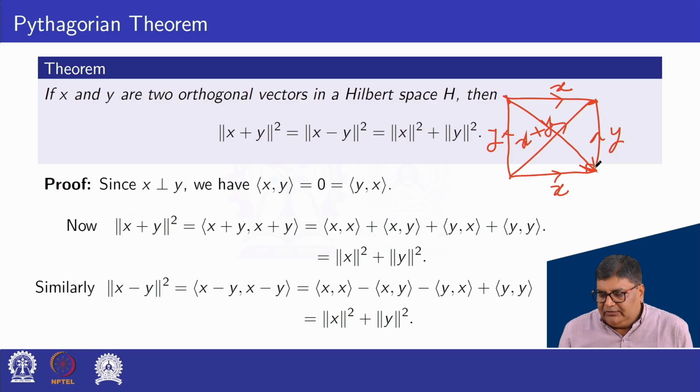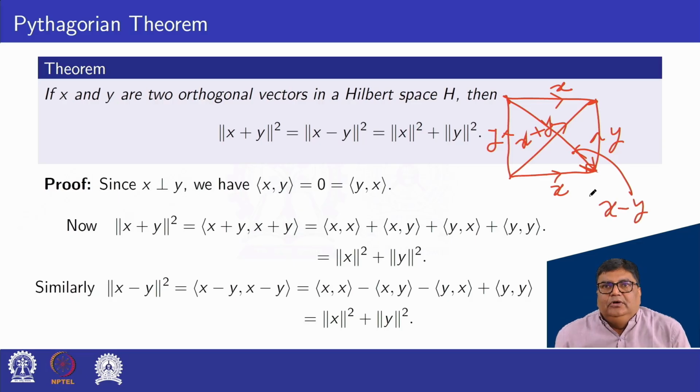So what is this vector? This is vector x and this is vector y, so this is the vector x minus y. So we have the diagonal x plus y and the diagonal x minus y.